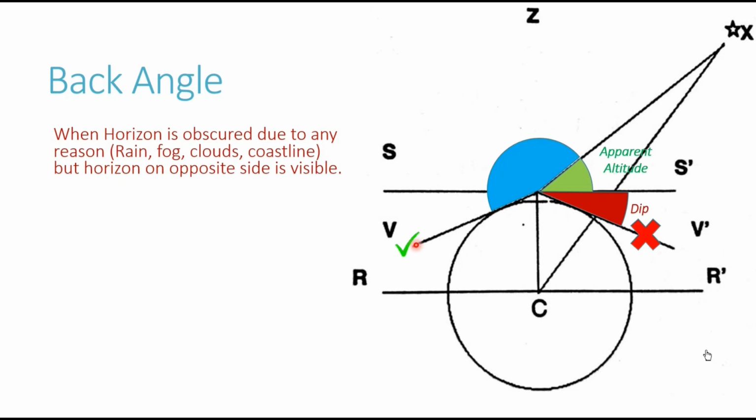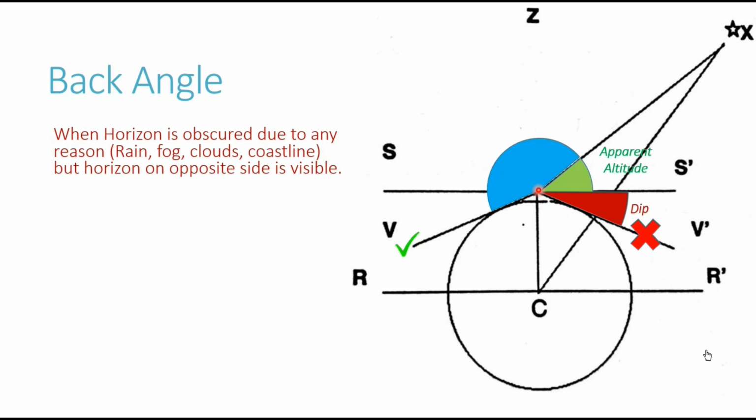So if you get a question in your exam where the angle is given as more than 90 degrees, don't think that it is a misprint. It could be a back angle observation. So we have obtained this back angle now.